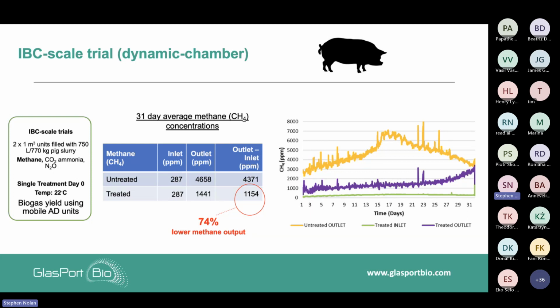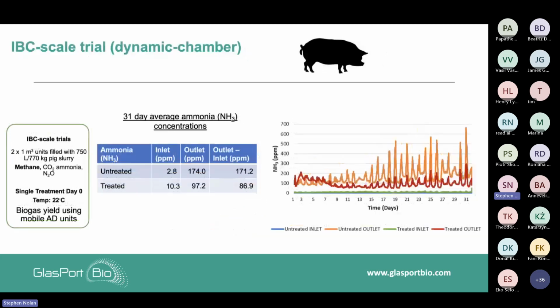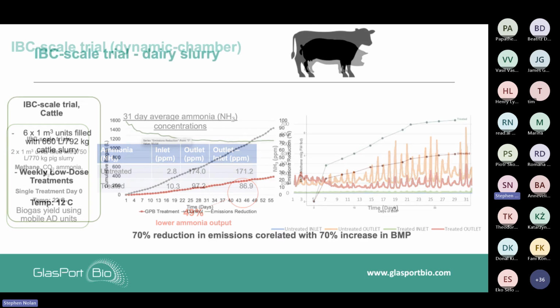So 74% in this instance. That reduction was even higher 3 weeks into the trial, and the effect of the treatment wore off towards the end of it. We similarly tracked ammonia, and we saw between 40 and 49% reduction in ammonia off-gassing from stored slurry as well.